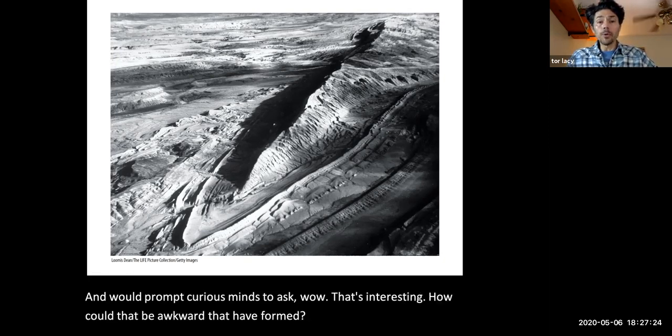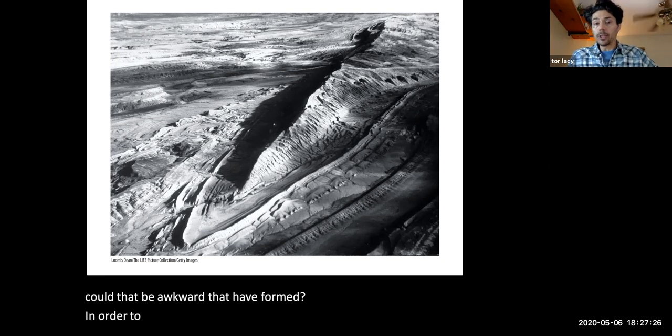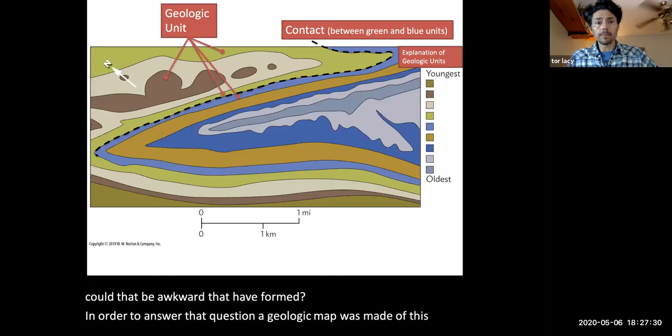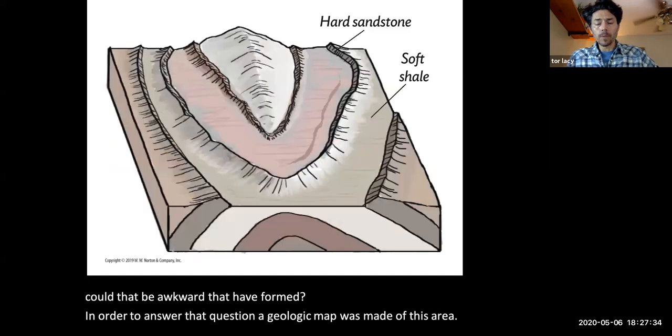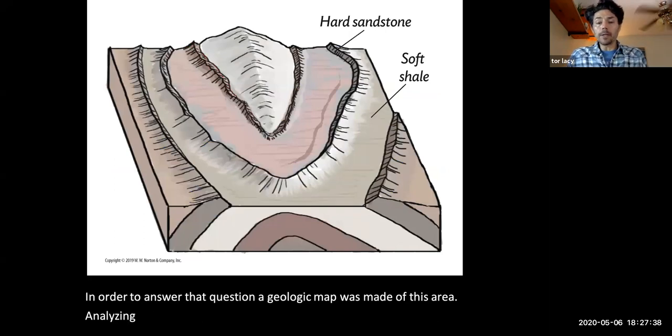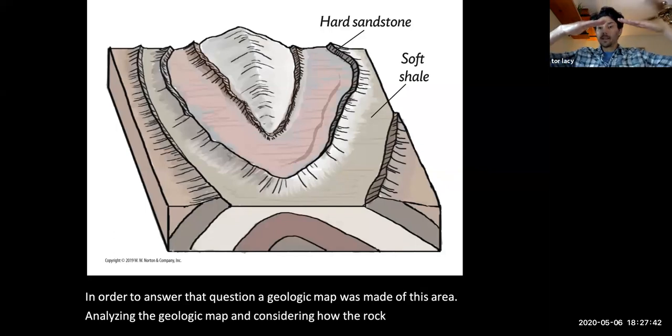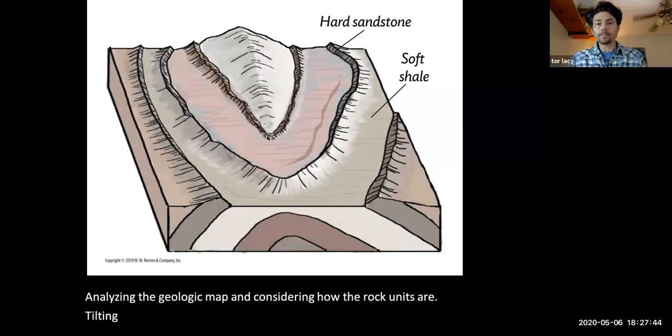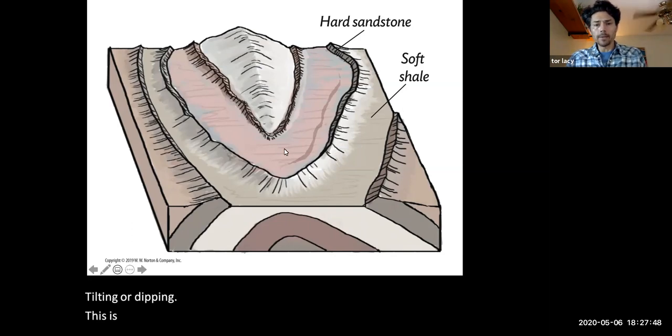In order to answer that question, a geologic map was made of this area. Analyzing the geologic map and considering how the rock units are tilting or dipping, this is the explanation that we get.